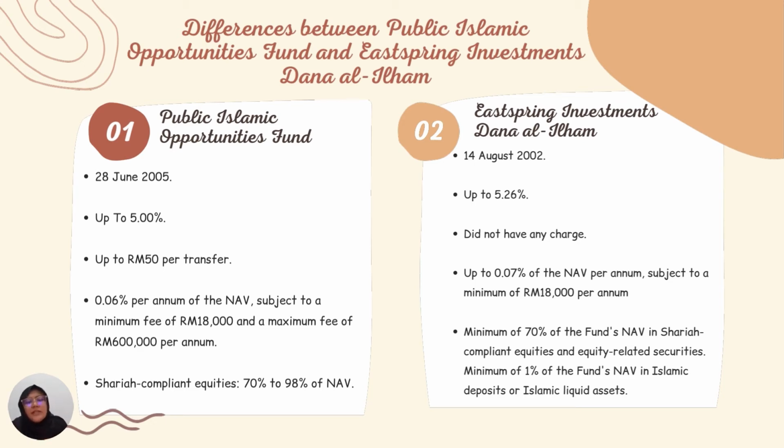While for Eastspring Investment Dana Al-Ilham, they have a minimum of 70% of the fund's NAV in Sharia compliance and equity related securities, and also a minimum of 1% of the fund's NAV in Islamic deposit or Islamic liquid assets.